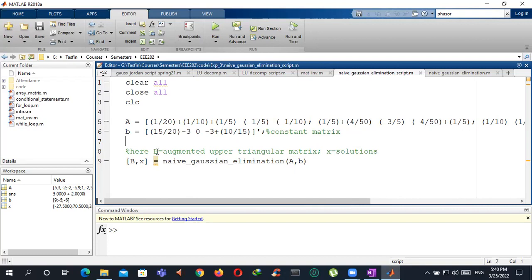This is the coefficient matrix A and this is our constant matrix B, and we want to find the value of the voltages, the unknowns.